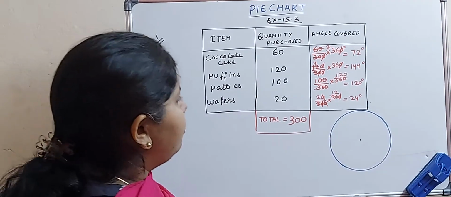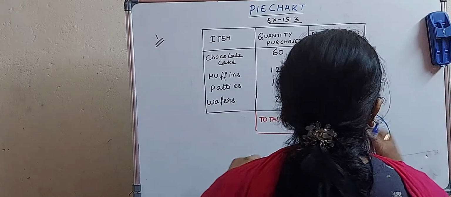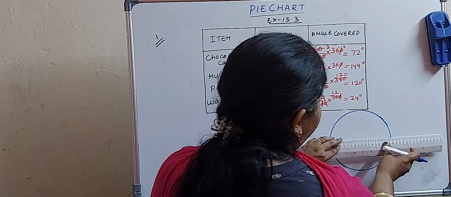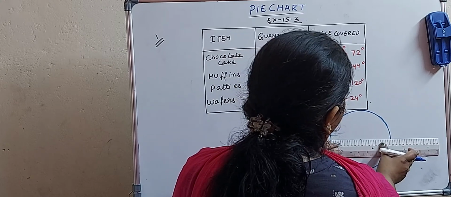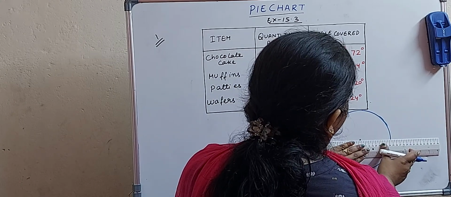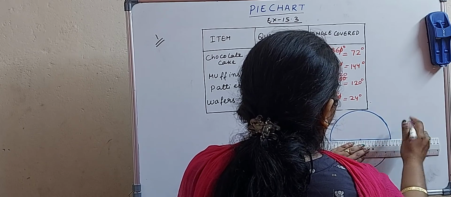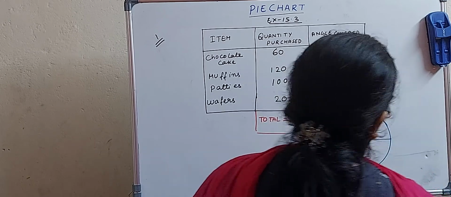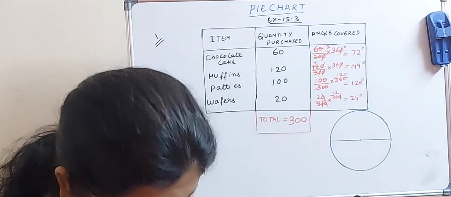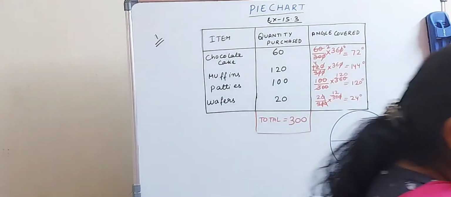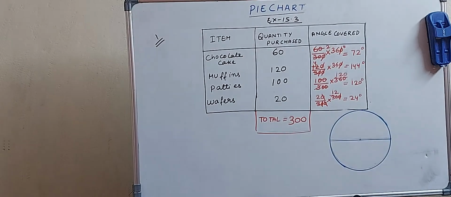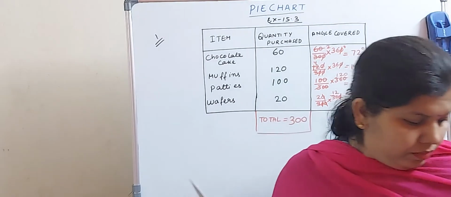The first angle that we will measure is 72 degrees. First let us draw a diameter, which will help you mark out the angles in a clearer way. This is a protractor.